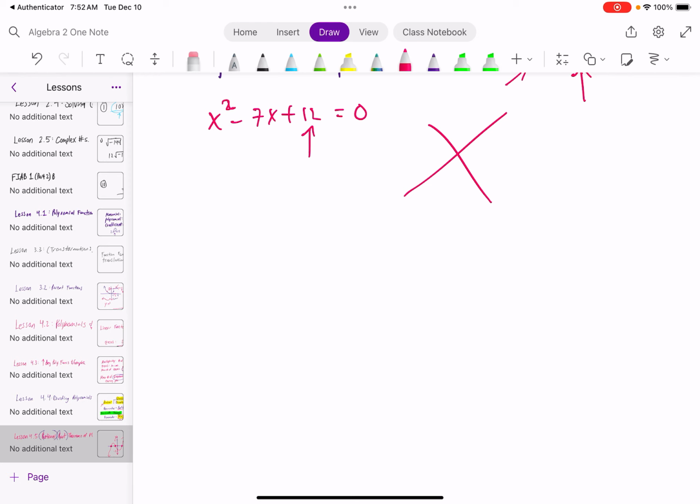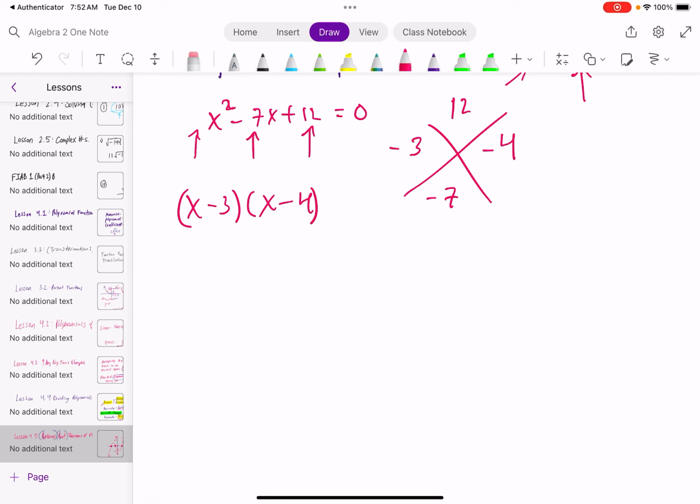Here we have 1 times 12 is 12, and our b value is negative 7. 3 times 4 will give you 12. Negative 3 times negative 4 gives you 12. And negative 3 minus 4 gives you negative 7. So this works. x minus 3 times x minus 4.